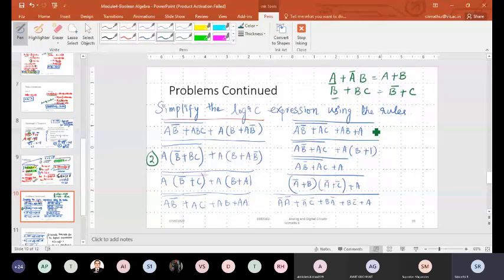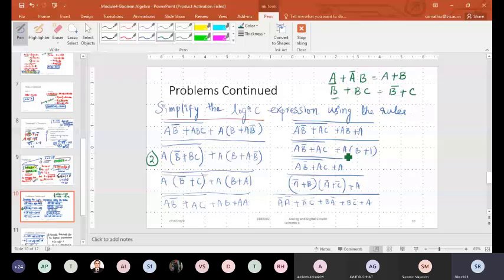Later take A commonly out, A into (B + 1), and then write as such AB bar + AC bar, the whole bar. How will you write this B + 1? 1 + B, anything plus 1 is 1 only.